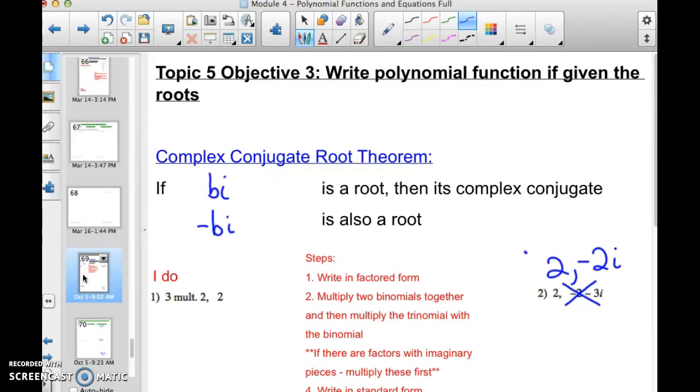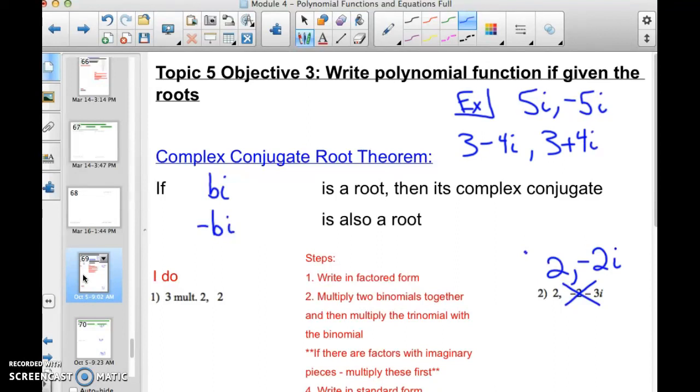A couple more examples of those, just to put it in number form. If I have a solution of 5i in this polynomial that I'm working with, then I need to recognize that its complex conjugate, -5i, also exists. In a couple other formats you can see that, especially from the quadratic formula you've been working with. Let's say it's 3 minus 4i. I know that the complex conjugate of 3 plus 4i also exists within that polynomial.